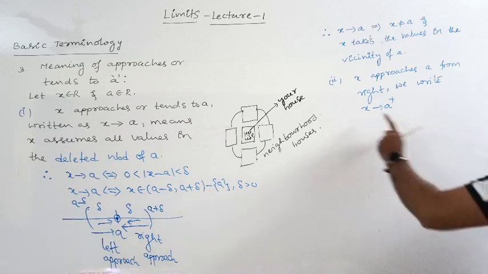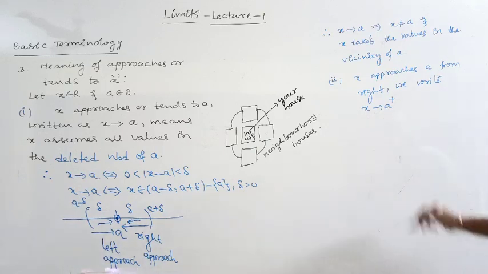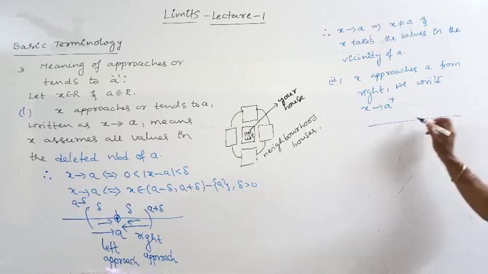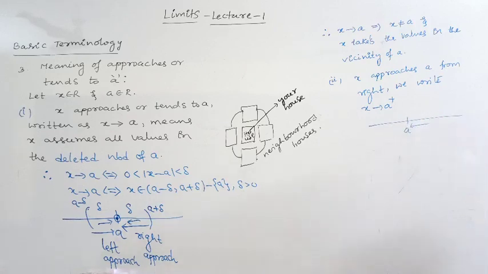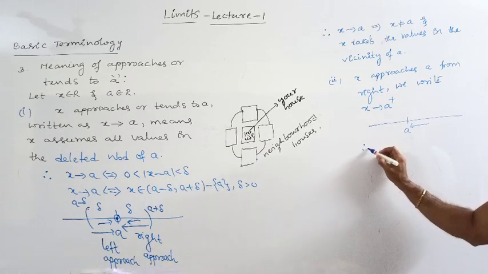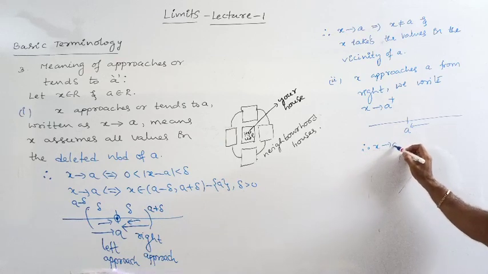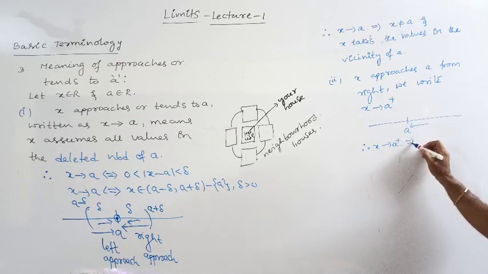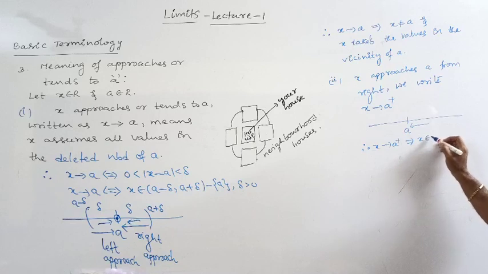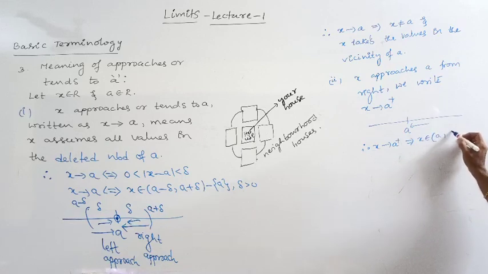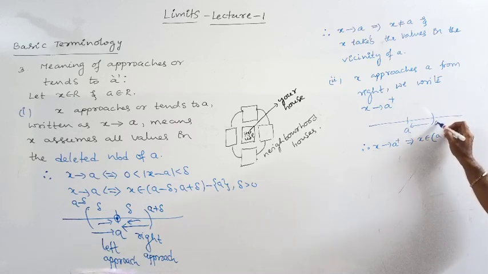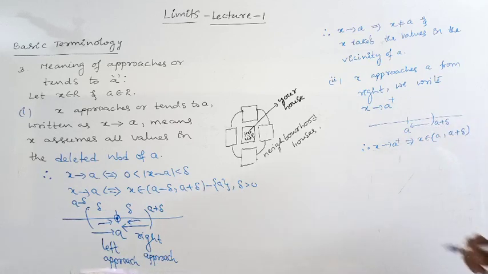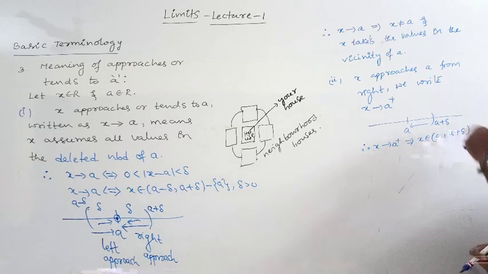So whenever we write X tends to A plus, we are approaching that number A from the right side. You got my point? So X tends to A plus implies X belongs to A to A plus delta. It is approaching from the right side.